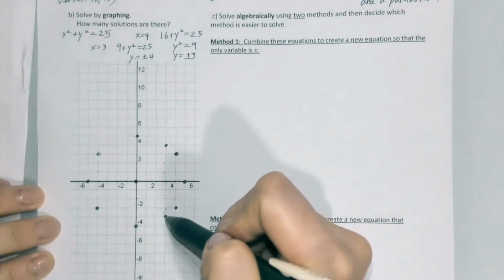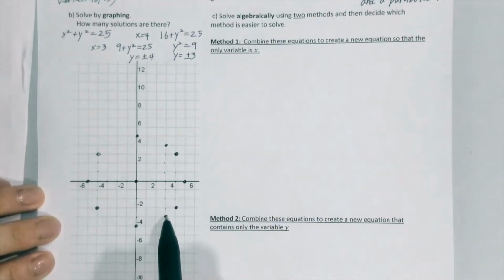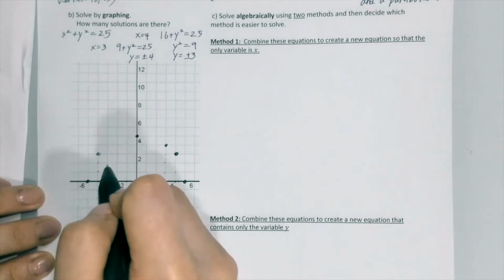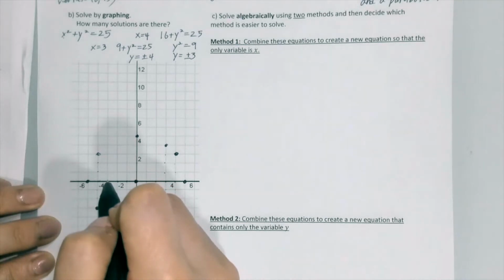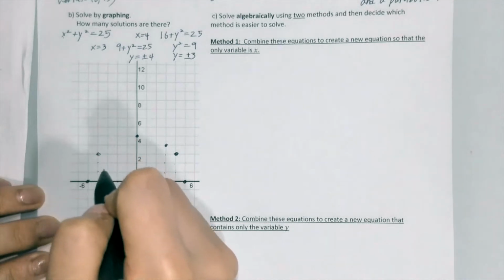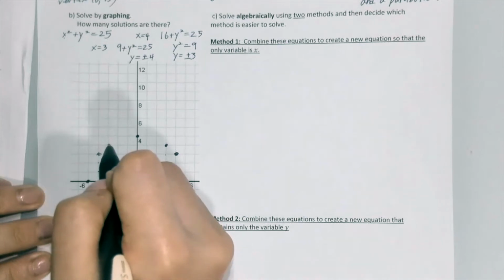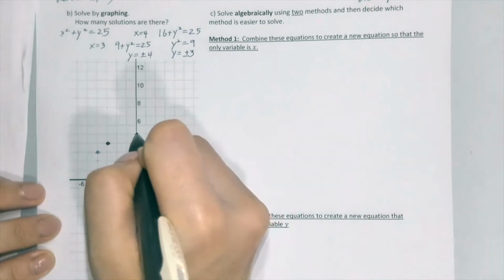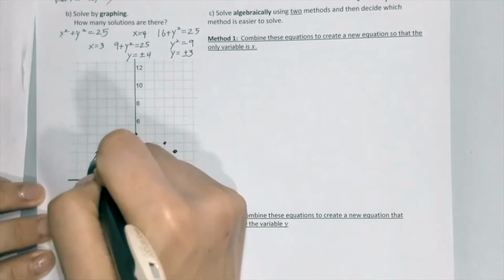Same thing on the other side. Circles have reflectional symmetry, so I can do it on the other side here. And another one there. And that pretty much looks like enough points for me to make a nice circle.